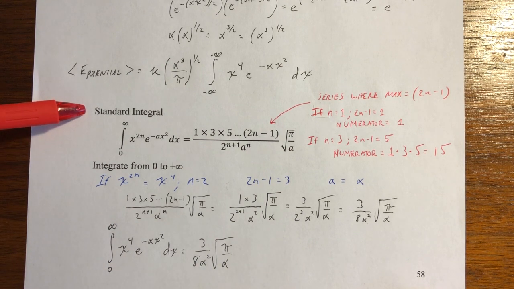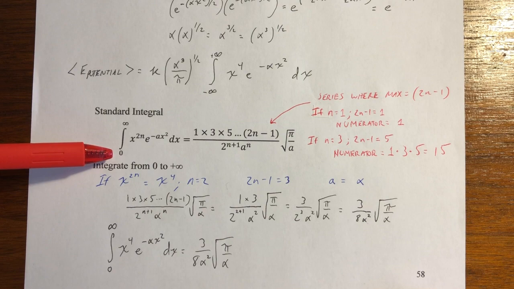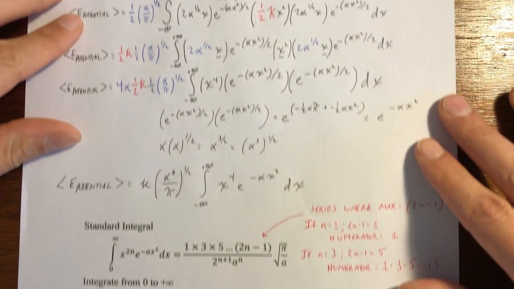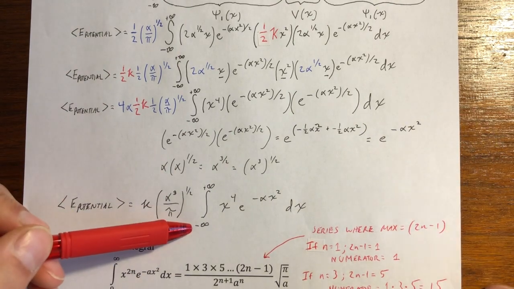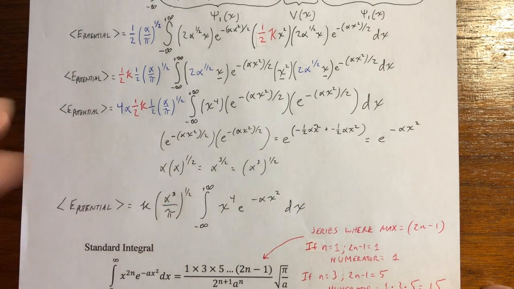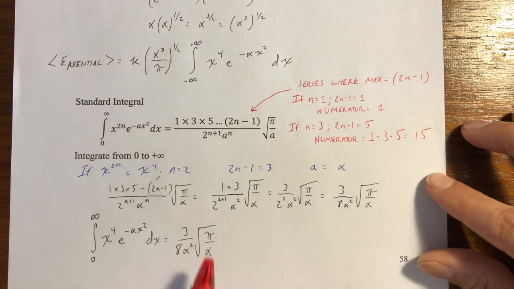So this standard integral is only defined as being from 0 to infinity. However, we're interested in solving our integral from negative infinity to positive infinity. So how does that change our answer here?